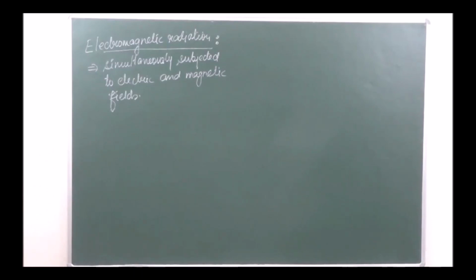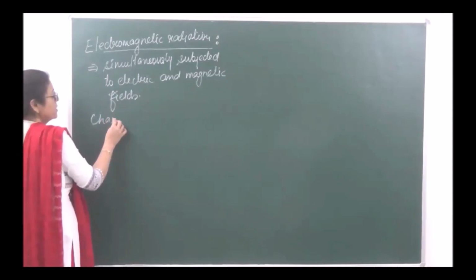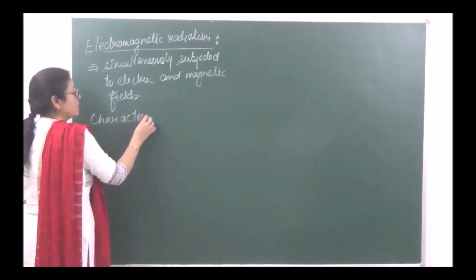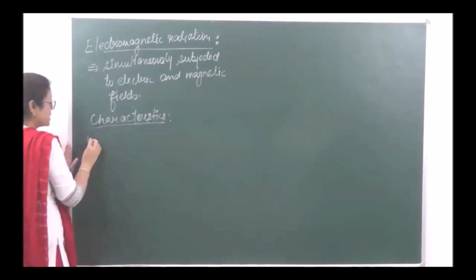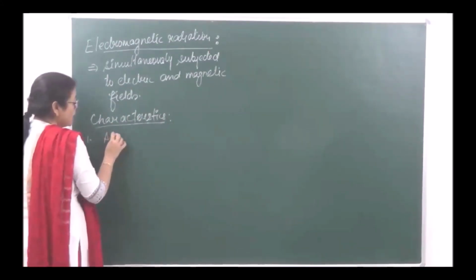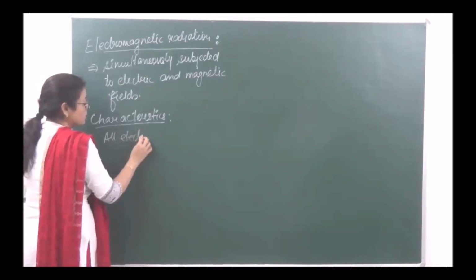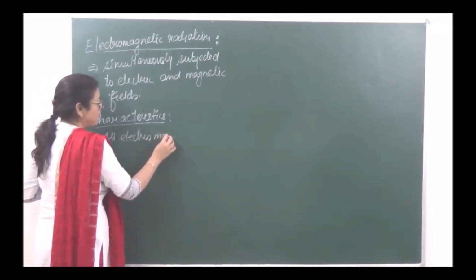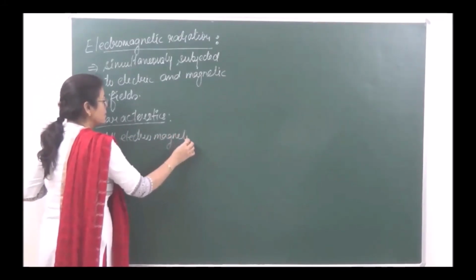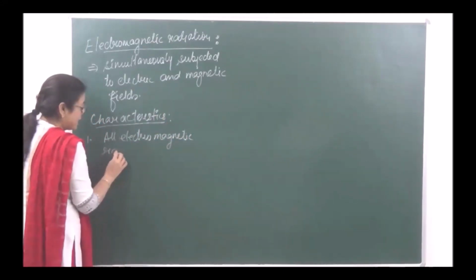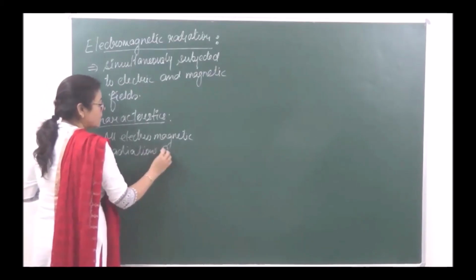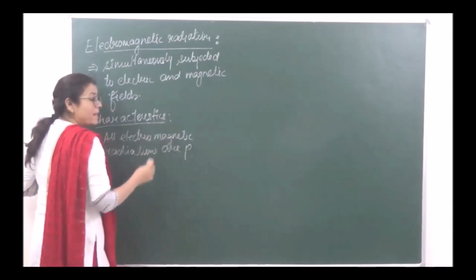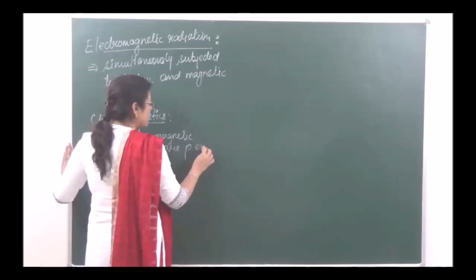Now if you are doing the characteristics of electromagnetic radiations, what do we say? Characteristics number 1, all electromagnetic radiations are perpendicular to each other.